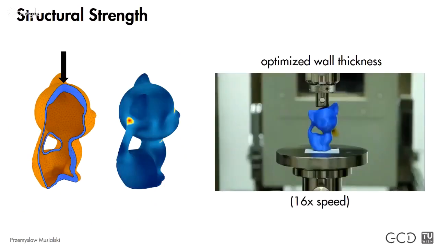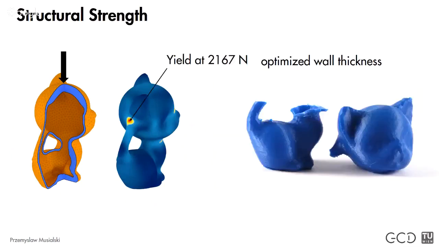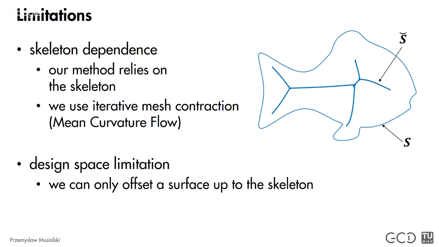And then we compared it to our optimized result, and indeed it yielded here, and of course also here, but first it yielded here, at a value of about 2,000 newtons. So it turned out to be quite accurate.